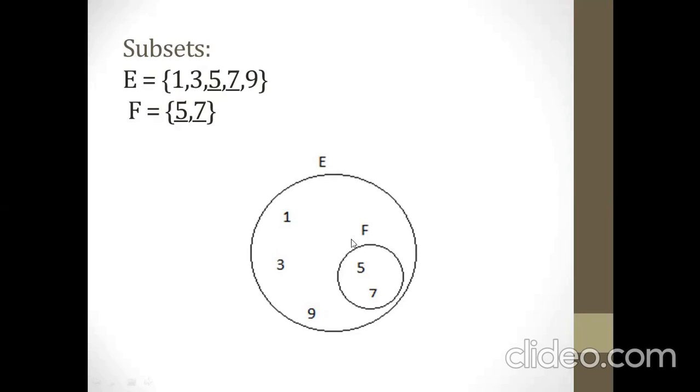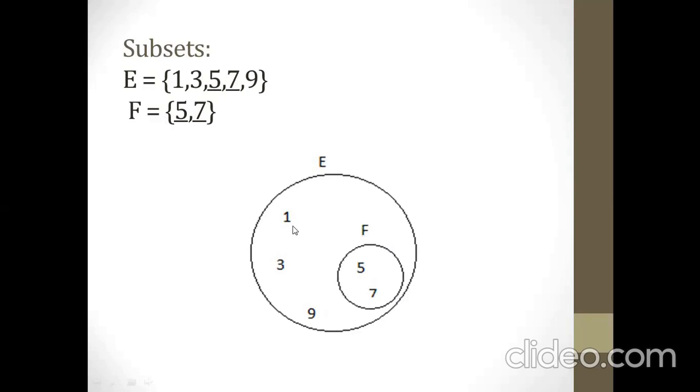I have written the same elements or common elements separately. Why? Because I have to draw another set which is inside this set E, which is set F. Then you will draw another circle, as this set is showing set F with elements 5 and 7.